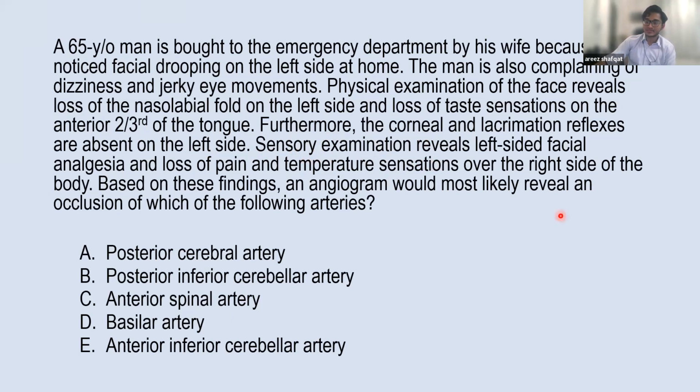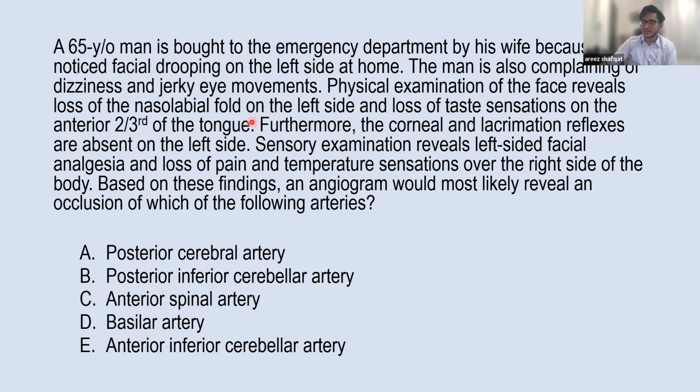Lateral pontine syndrome, yeah. So firstly, this guy has vestibulocochlear symptoms like dizziness and nystagmus. That's the first thing. And the vestibulocochlear nuclei are found in the lateral part, at the junction between the pons and the medulla. That's where the vestibulocochlear nuclei are found, right? Then you have a facial nerve lesion.